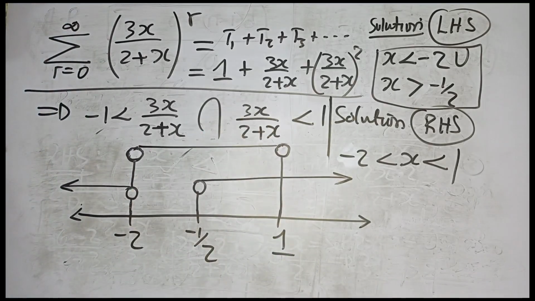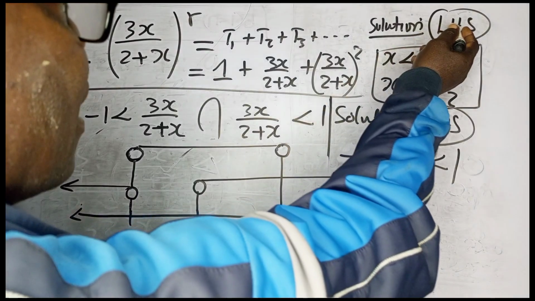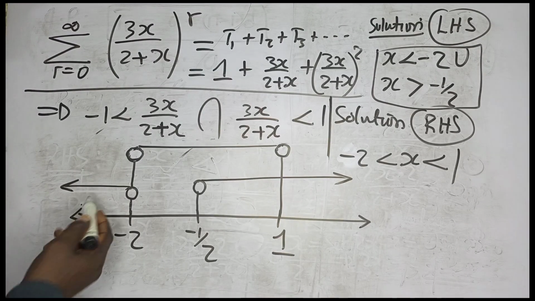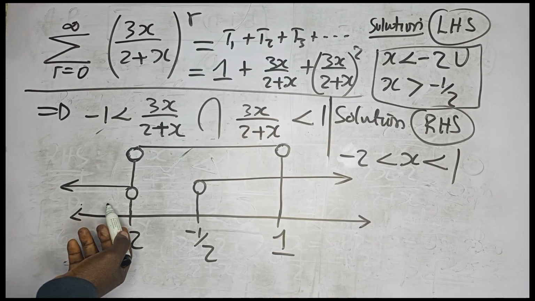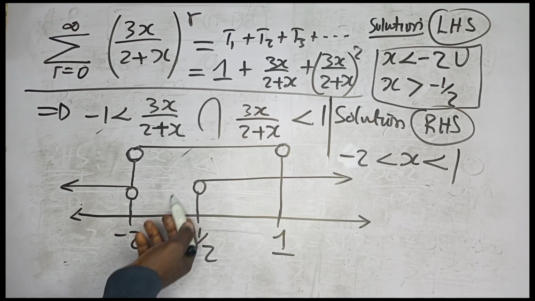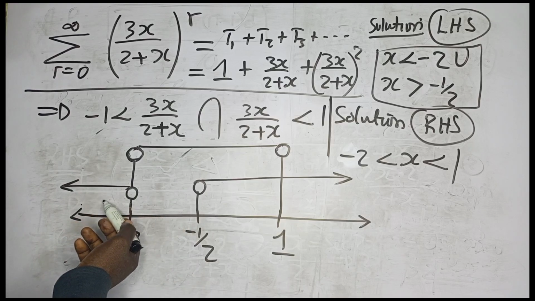All right. So where do we have intersection in those two solutions? Where do we have values valid for the left-hand side and also valid for the right-hand side? These values here, they are not valid for the right-hand side. These values this way, they are not valid for the left-hand side.